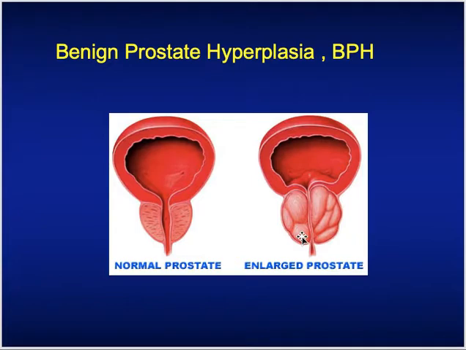But the important thing to mention is that not all males have symptoms, so we always treat the patients who have symptoms. Remember that BPH is such a common tumor that it is present in almost all adult males. You can see over here, this is the normal prostate and this one is the enlarged prostate.